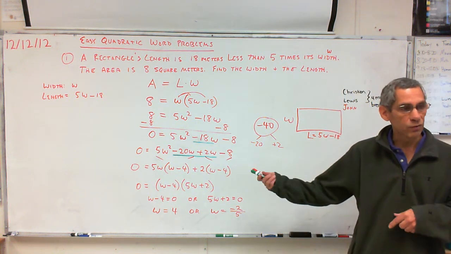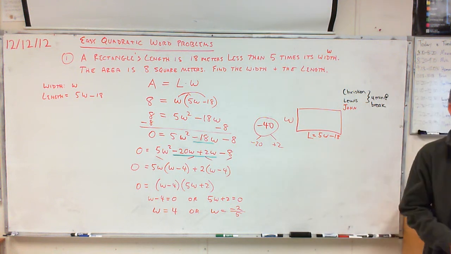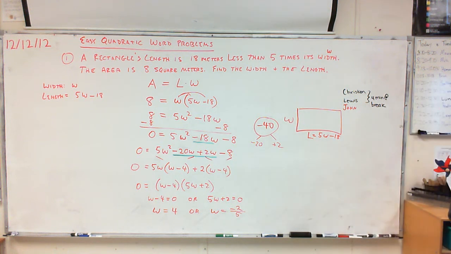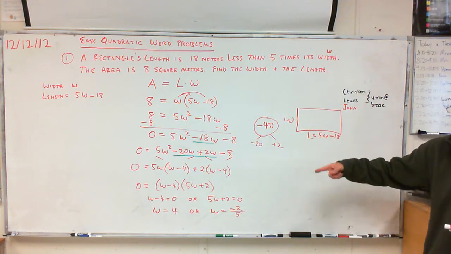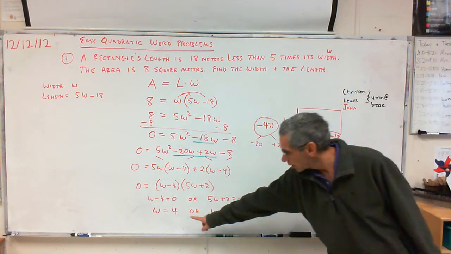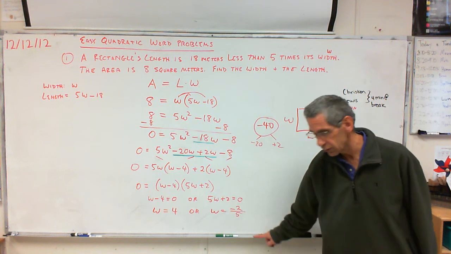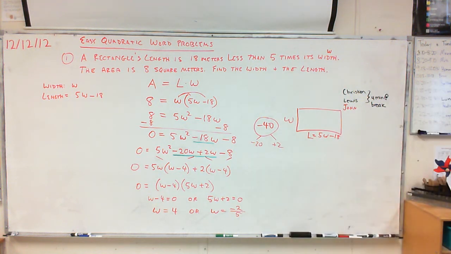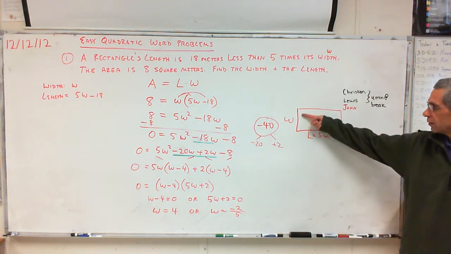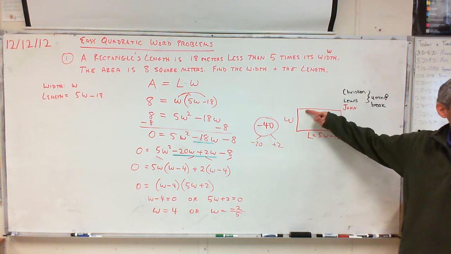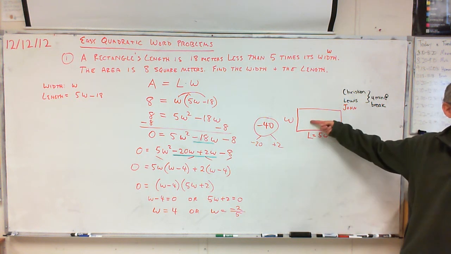Is there one of those values of W, John, that is not possible? You've got a rectangle. Either W is equal to 4 or W is equal to negative 2/5. Is there a chance that you could eliminate one of those?